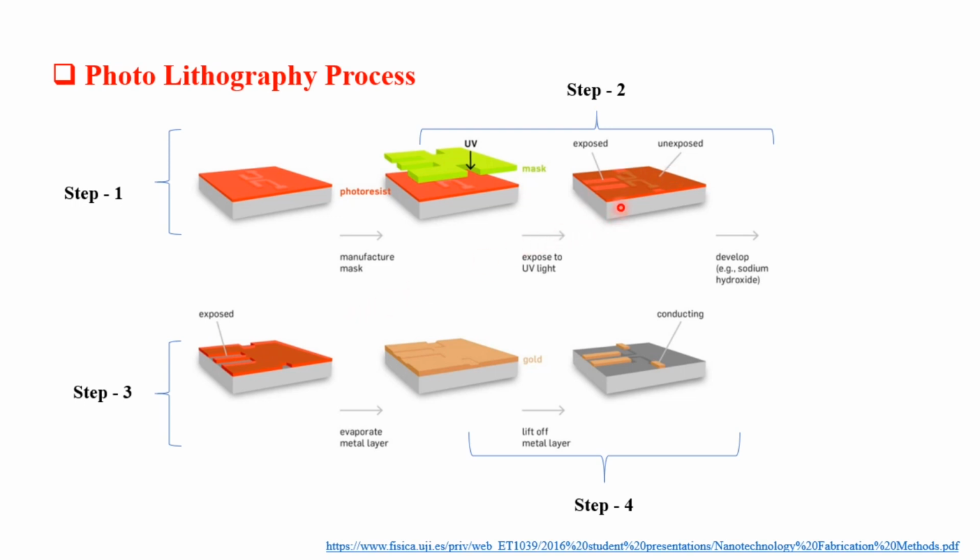After exposing, we develop with some chemical solution, which is called wet etching, and sometimes we use dry etching by oxygen plasma. After that we deposit some materials in this exposed part and then remove the remaining parts.